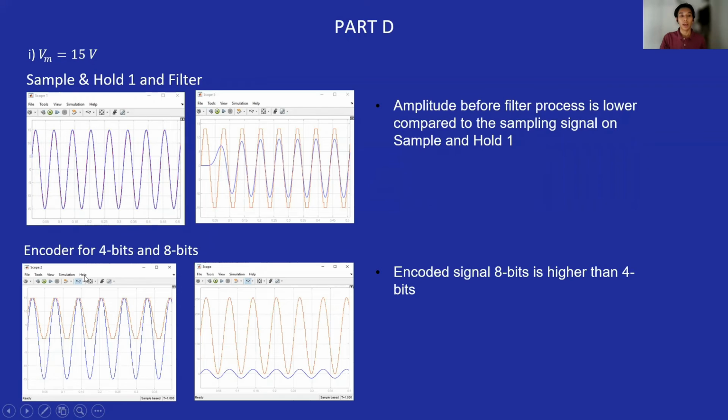For the encoder for 4 bits and 8 bits comparison, we can see that the encoded signal for 8 bits is higher than 4 bits, which is the orange waveform.